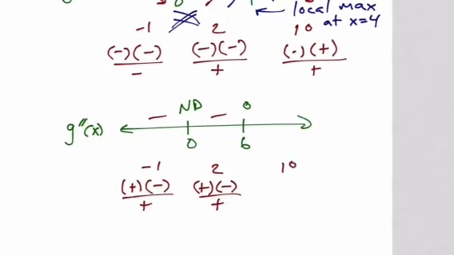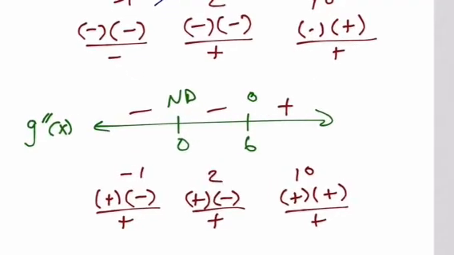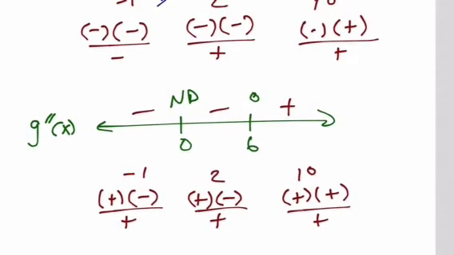And finally, at 10, we have a positive. Of course, 20 is constant, but now 10 minus 6, because it's bigger than 6, is positive, and positive in the denominator, so positive overall. So this is going to be concave down, and concave up, right?